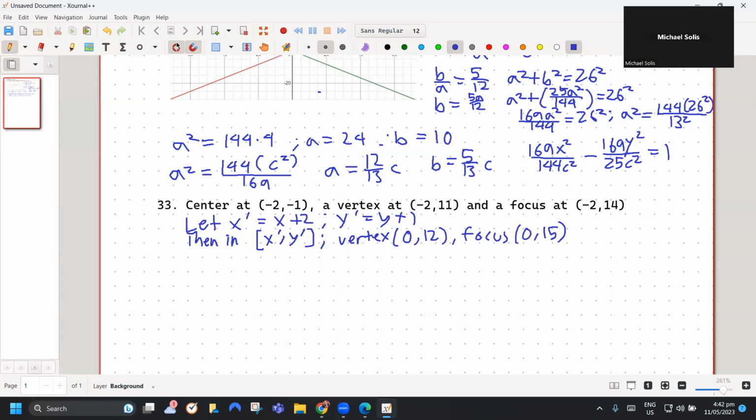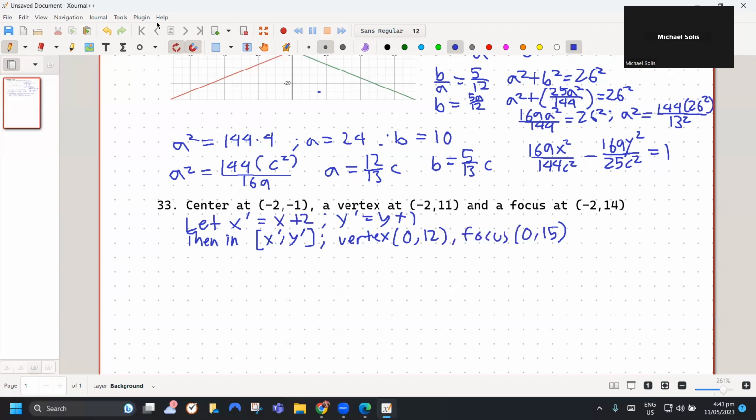Yung focus is at negative 8, 8, negative 5. And then, so, unprimed is 8, so being 10, negative 4.